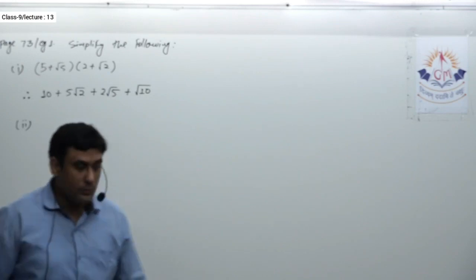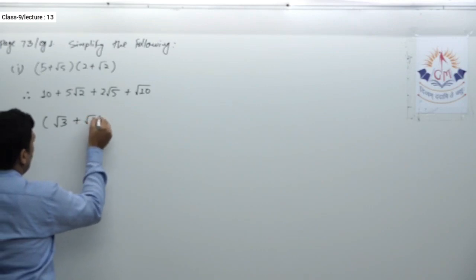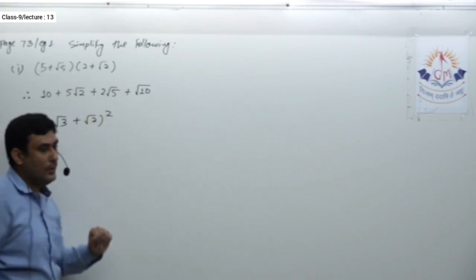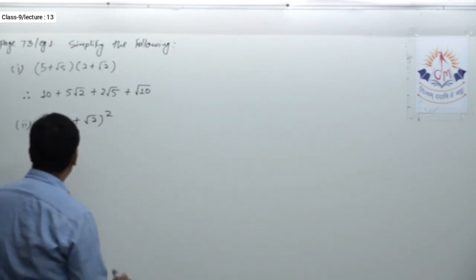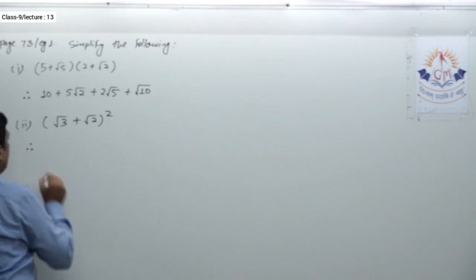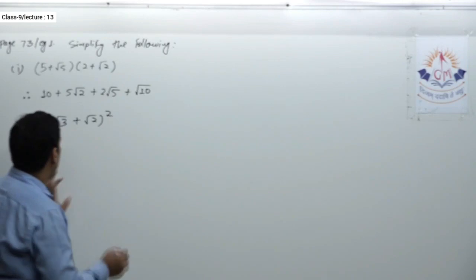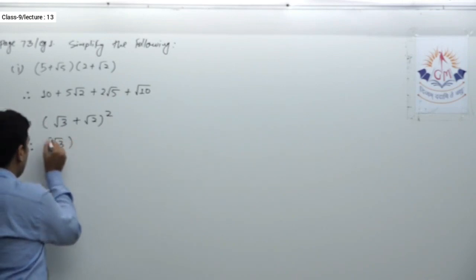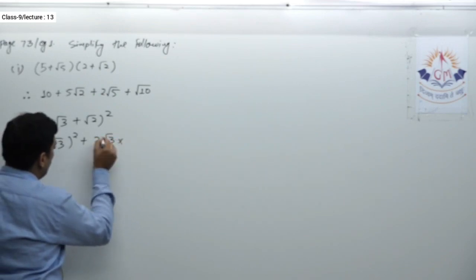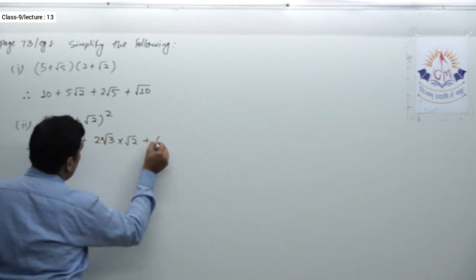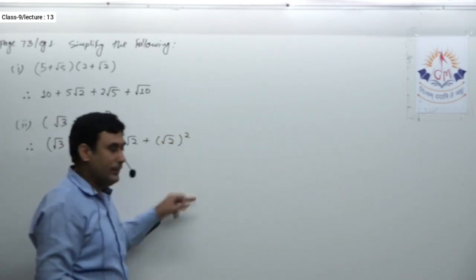Now second is root 3 plus root 2 whole square. So this is actually a plus b whole square. Although I can write the answer in one step only, but here for your better understanding, first I'll apply the identity and in the second step I'll simplify. So a plus b whole square gives you a square plus 2ab plus b square, that is root 3 square plus 2 into root 3 into root 2 plus root 2 square.